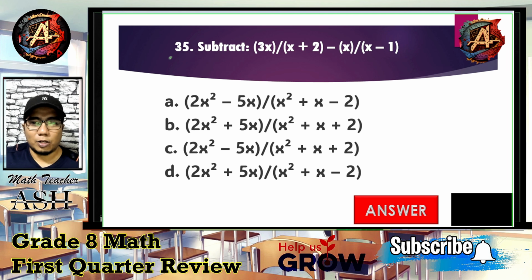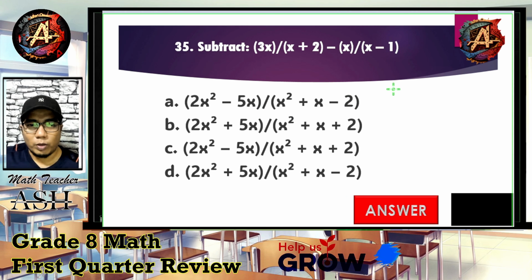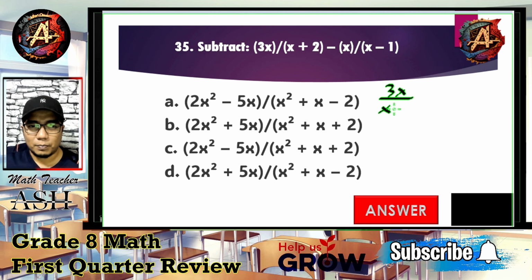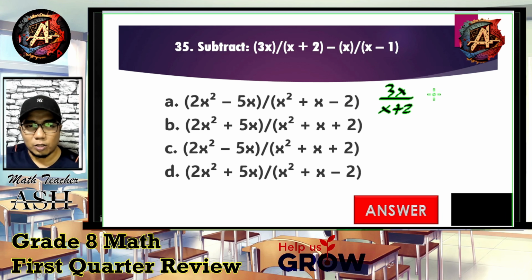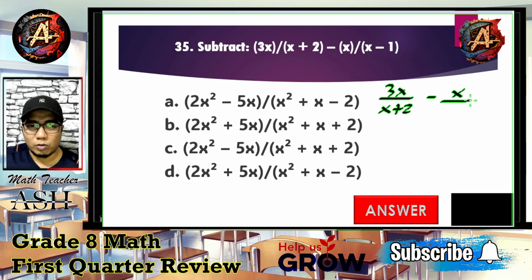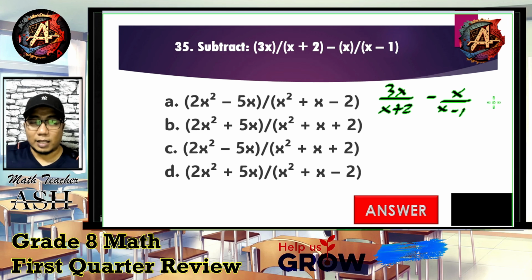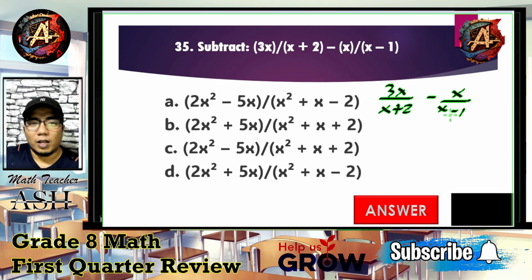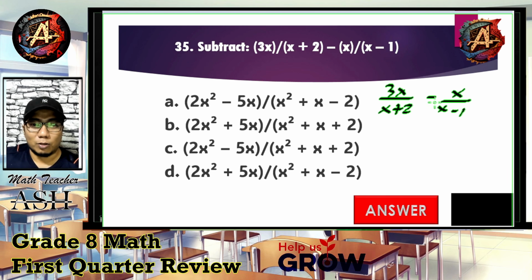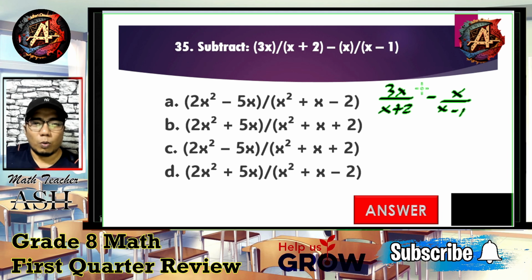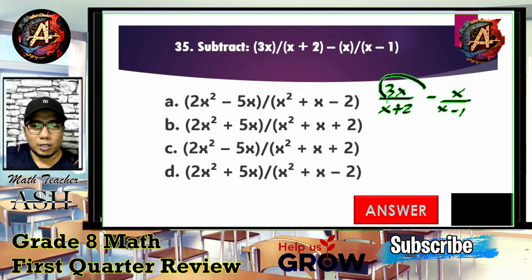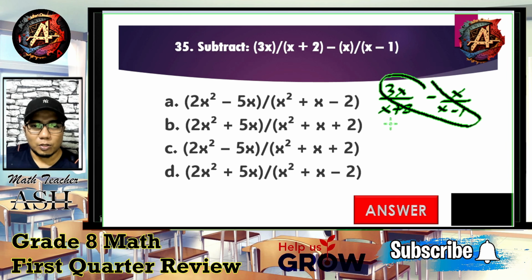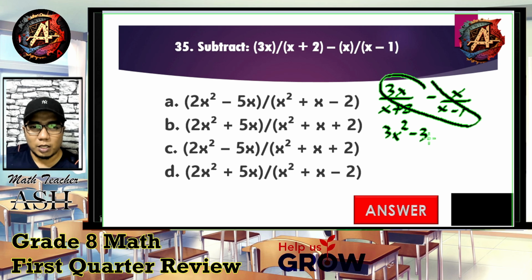Okay, my dear math learners, in order to solve this problem, we have two fractions with different denominators. So we have here x over (x minus 1). I just write it this way because if you have two fractions with different denominators, you can apply the butterfly method. In the butterfly method, you multiply this one, so that would give you 3x squared minus 3x.